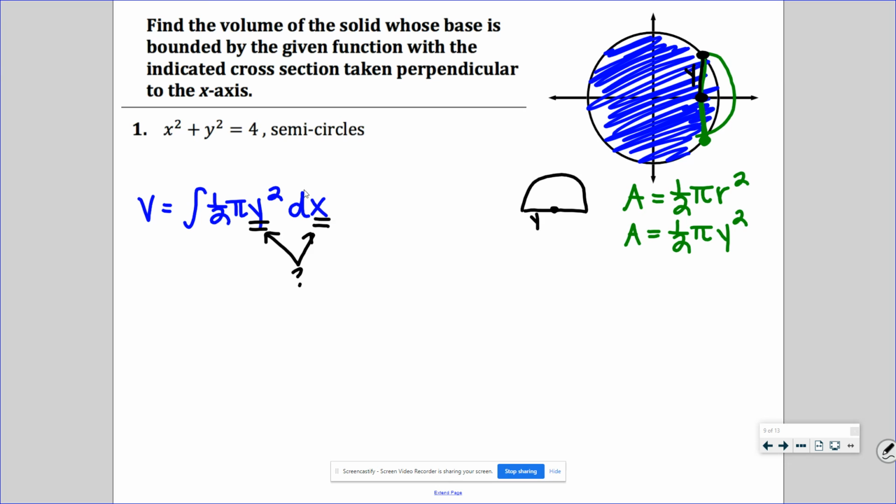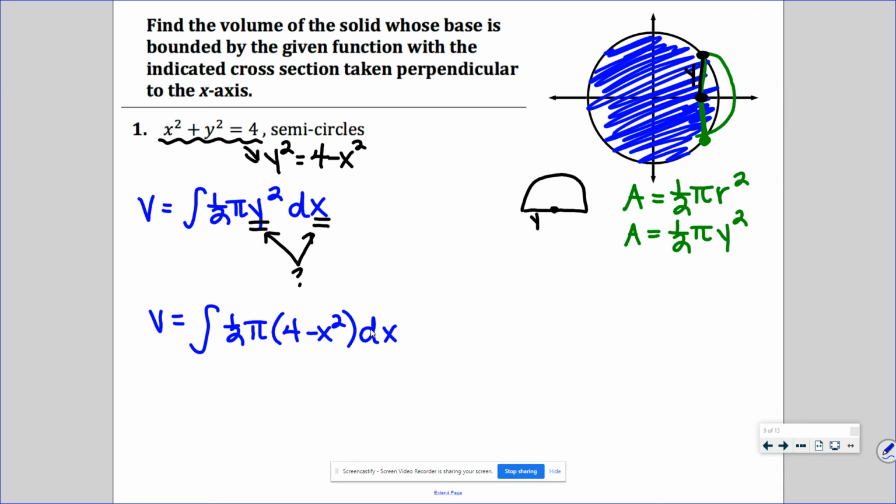We need to make them match, and that's where you go to the equation of your circle or equation of your shape, and you use it to help you. So how can I substitute something in for y squared? Well, if you just move some things around, y squared is the same as 4 minus x squared. So we're going to call this 4 minus x squared. And now all our variables agree.